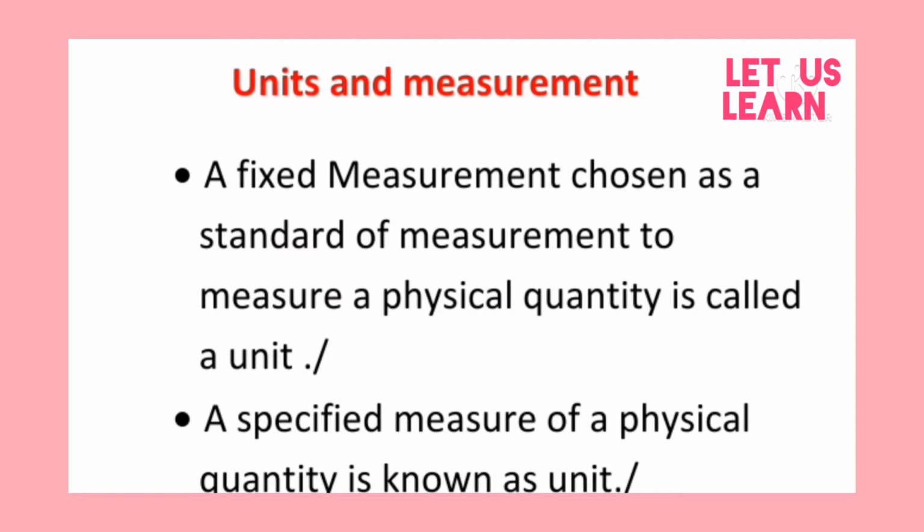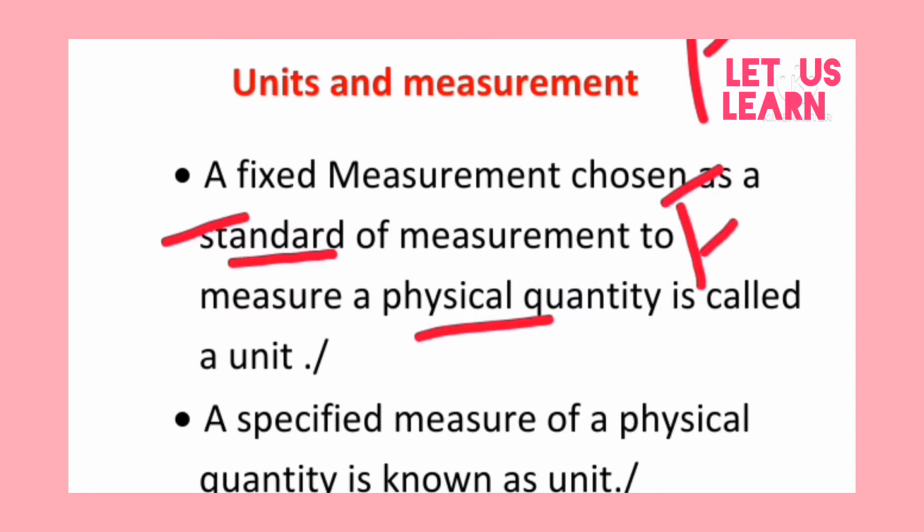As we move into the concept of units and measurement, a fixed measurement chosen as the standard to measure a physical quantity is called a unit. For example, take physical quantities like pressure and force. To measure pressure, we use the unit called Pascal. So Pascal is the unit of pressure. To measure force, we use Newton.